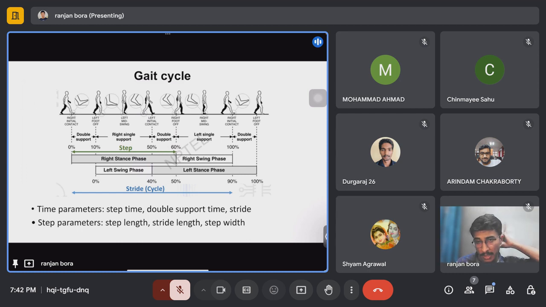Now, in the week 3 videos, week 3 is mainly focused on the gait cycle and different gait phases, then measurement techniques of gait. Have you all gone through the week 3 videos?